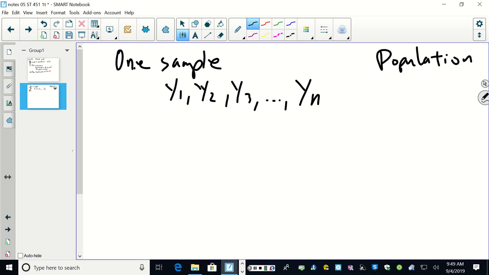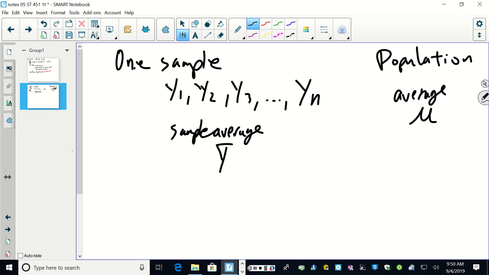If we're interested in the population mean or average, then a fairly logical choice for estimating the mean is just going to be the sample average, y bar, the sum going from 1 to n of the y sub i's over n, as an estimate of that.